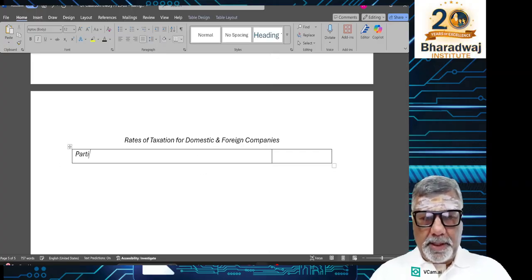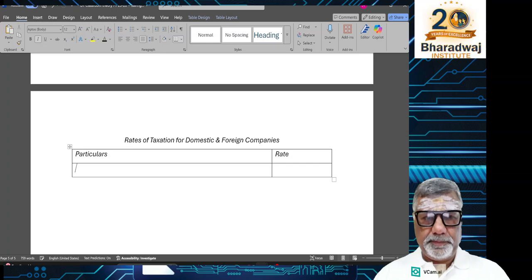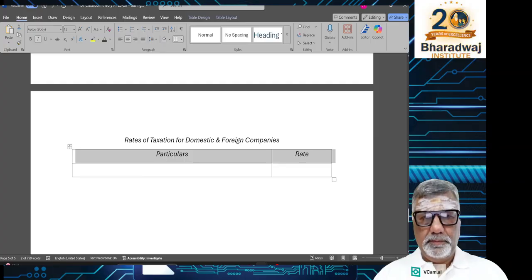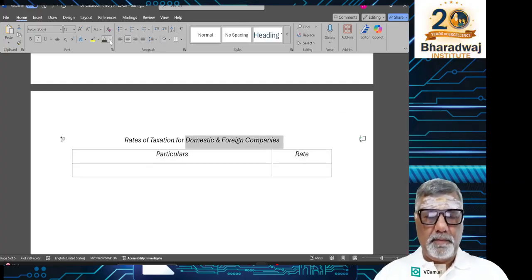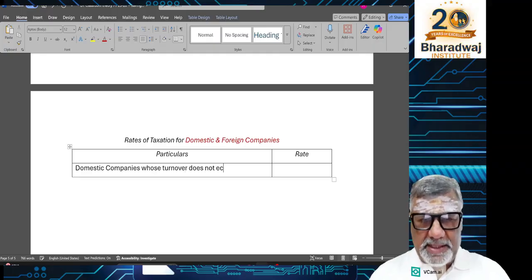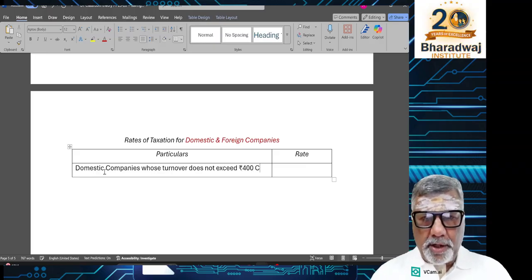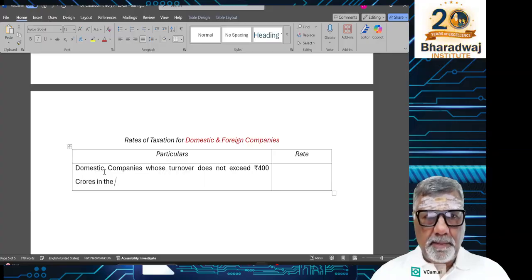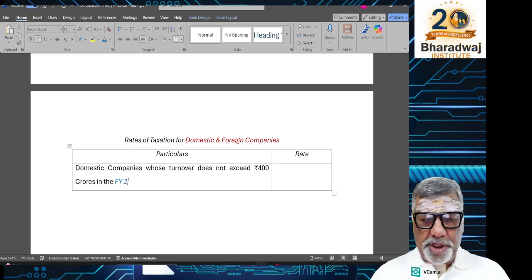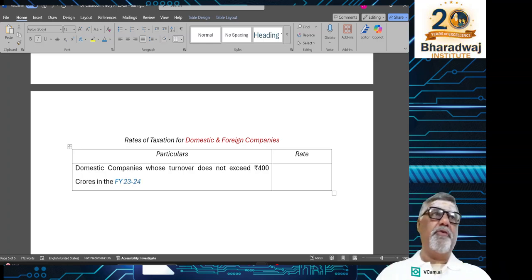Particulars. Domestic companies whose turnover does not exceed 400 crores in the financial year 23-24.